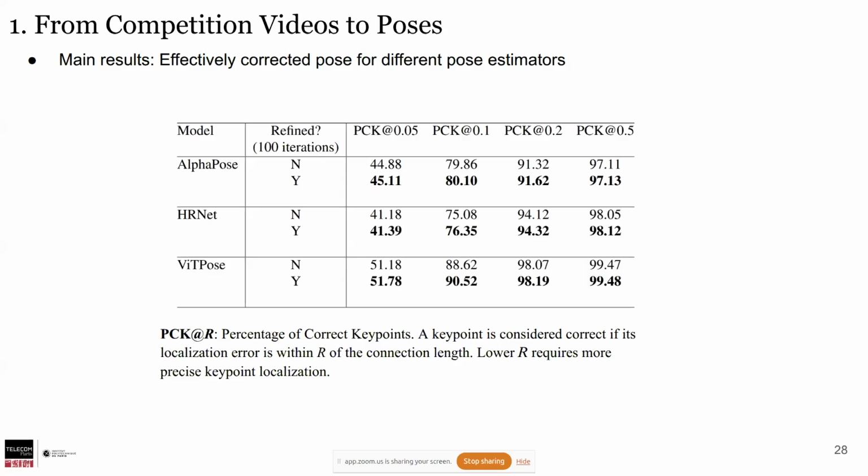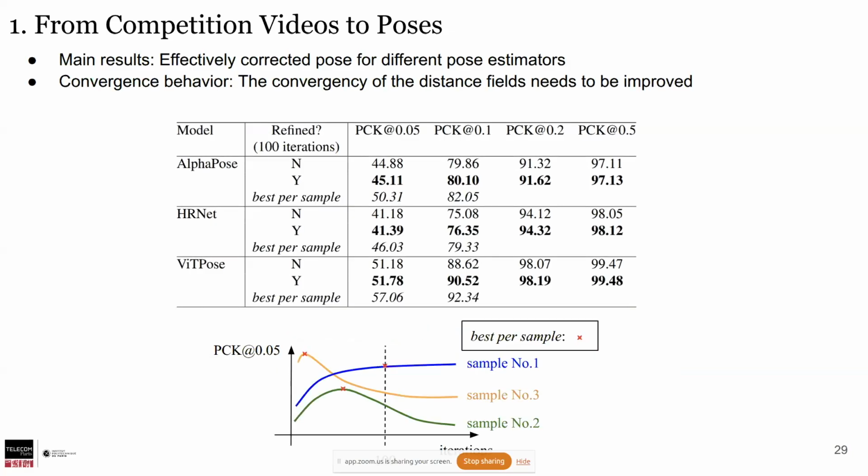And the second row, we refined with 100 iterations with our trained pose prior. What we see is that we get improvements for every case, but the problem is the improvement is limited. It's not a very huge improvement. So we further studied why this happens.